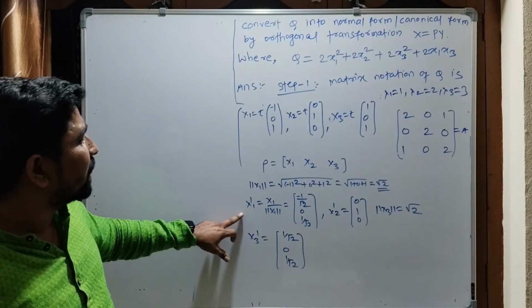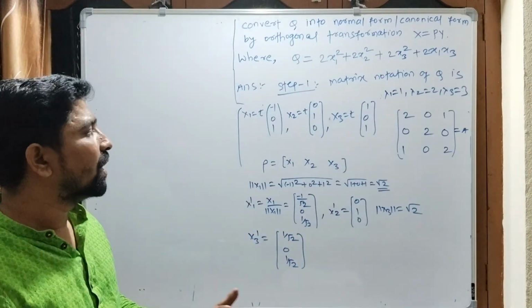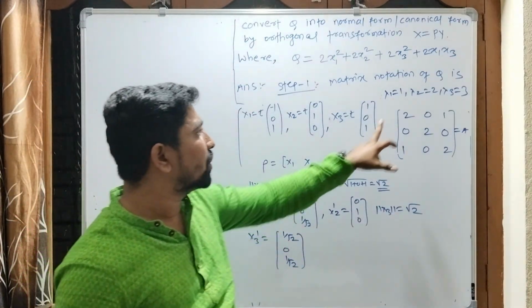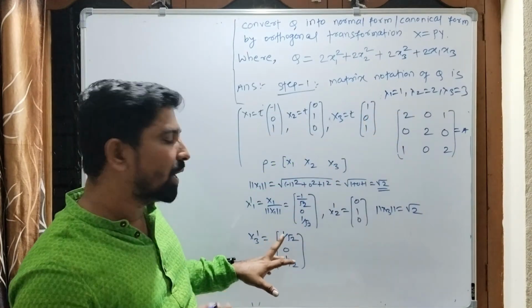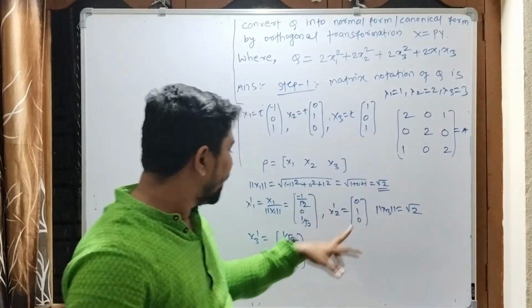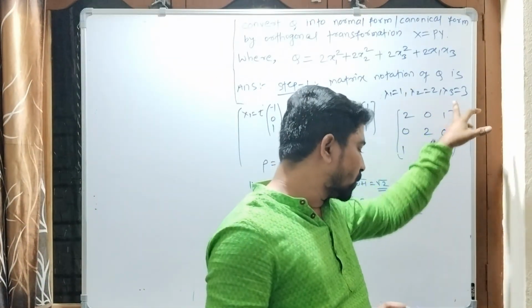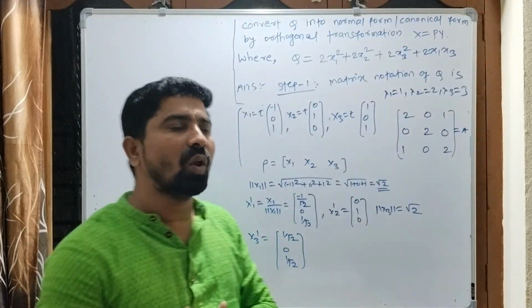Now this is x1 dash, x2 dash and x3 dash. x1 dash is the eigenvector corresponding to lambda 1 which is normalized. x2 dash is the eigenvector corresponding to lambda 2 equal to 2 and x3 dash is the eigenvector corresponding to lambda 3 equal to 3. So these are the eigenvectors which are normalized.